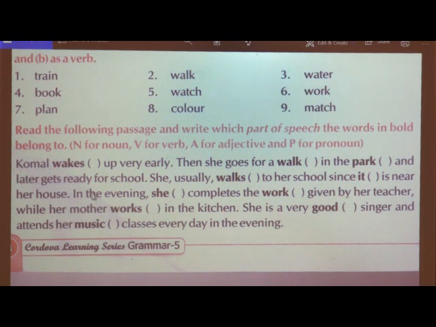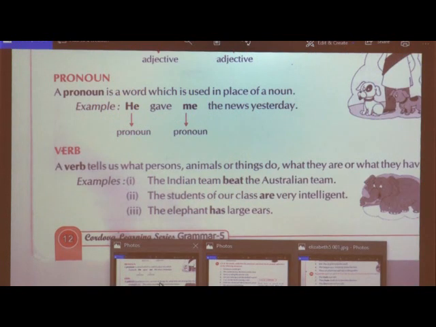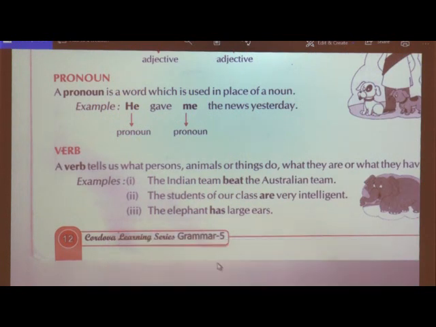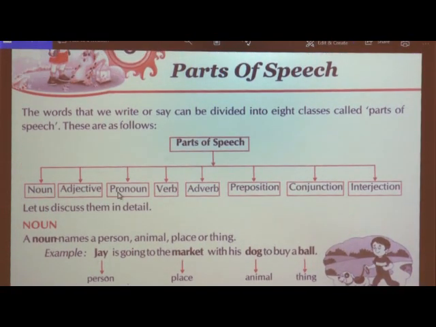So this was all about the passage. I hope, children, you have all understood all the exercises from A to F. Now, children, let us revise once again. In the first topic we studied what a sentence is, and how a sentence is divided into two parts, subject and predicate.